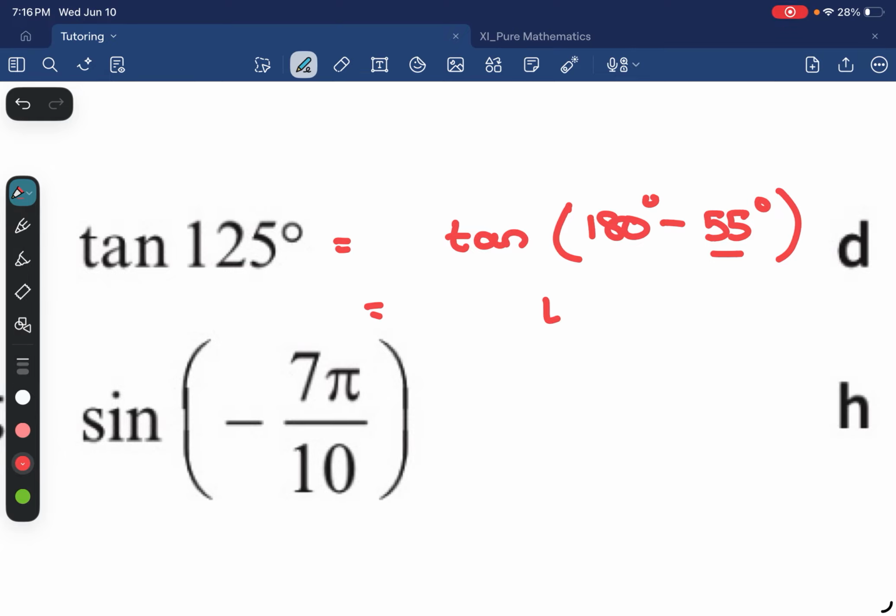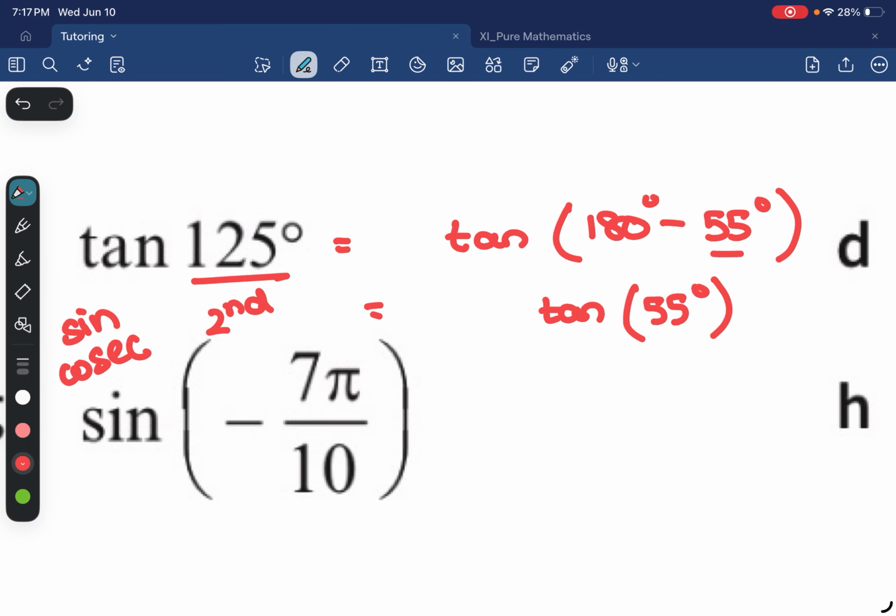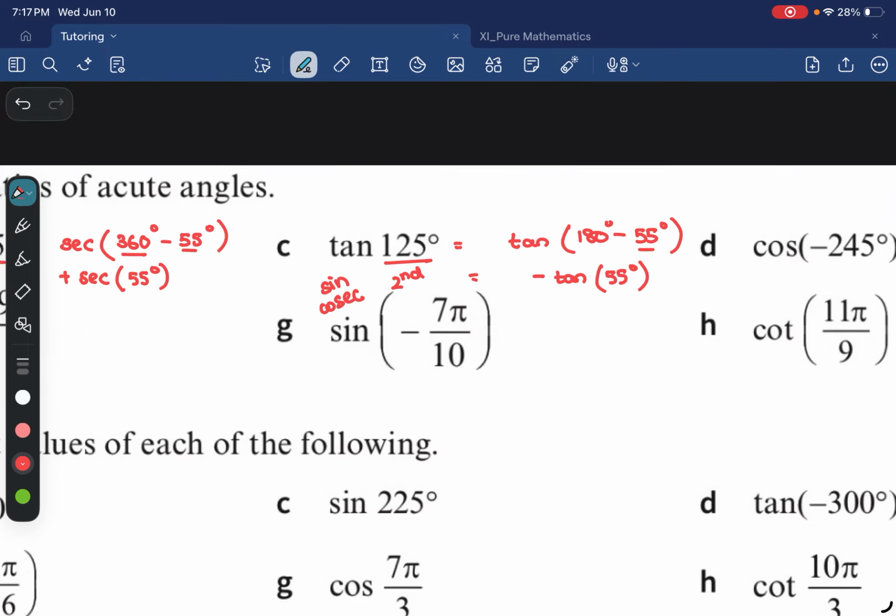So now I can write this as tan 55 degrees. Where is this angle? If you think about it, this angle is going to be in the second quadrant. And in the second quadrant, only sine and only cosecant is positive. So tan is negative in the second quadrant. So your answer is negative tan 55 degrees.